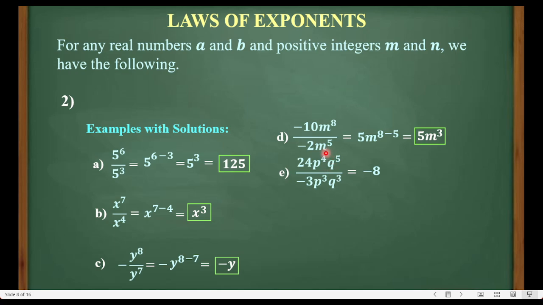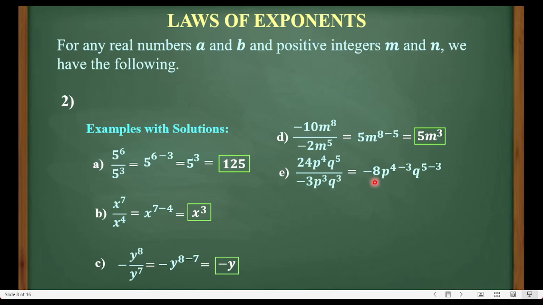Then, divide p to the 4th by p cubed. So that is p raised to 4 minus 3. Then followed by q to the 5th divided by q cubed. That will be q raised to 5 minus 3.